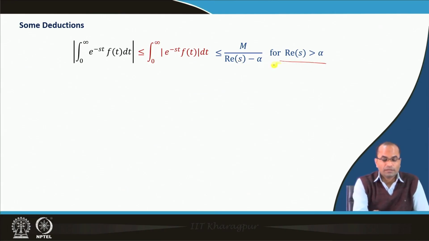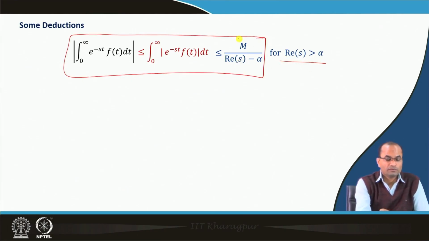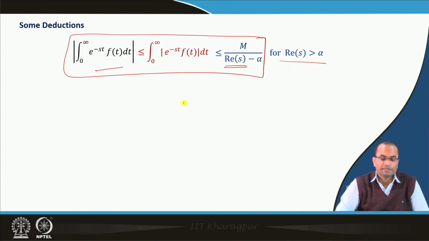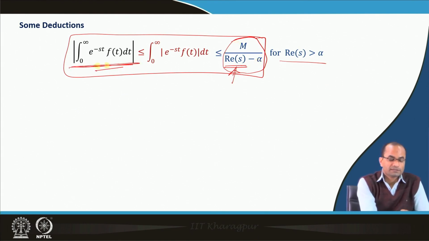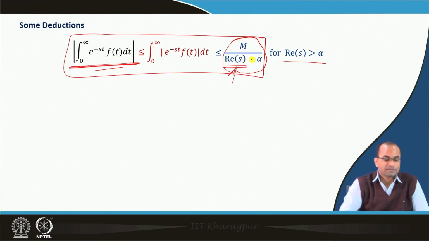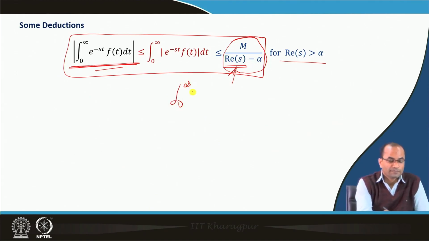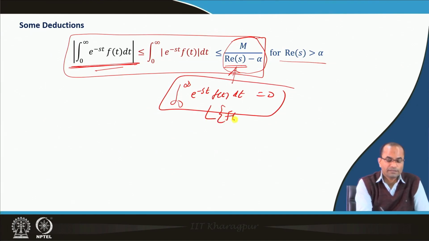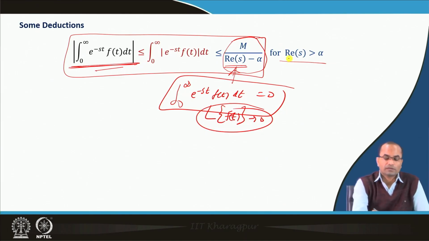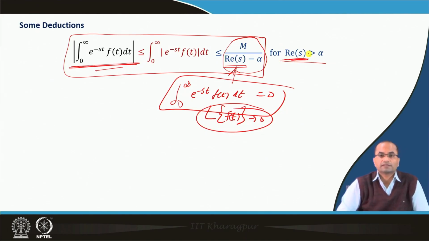With this inequality, we can deduce that when real s goes to infinity, M over (Re s minus α) goes to 0. So, if we let s go to infinity, this Laplace integral is bounded by 0. That means the integral from 0 to infinity of e^(-st) f(t) dt equals 0 in the limit. That means the Laplace transform of f(t) will go to 0 when real s, or if we are talking only about real numbers, s, tends to infinity.